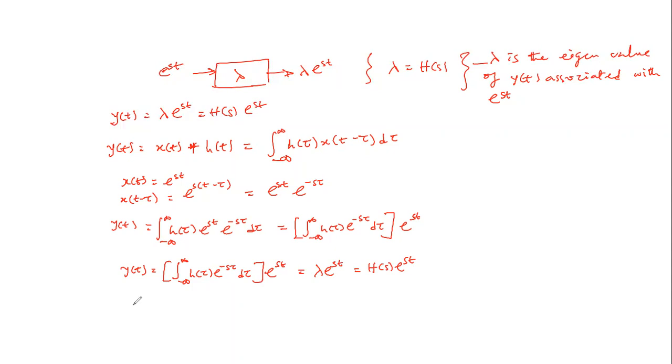Therefore, it follows directly that lambda, which is the eigenvalue, is the same as h of s, which is the same as what we have in the square bracket.